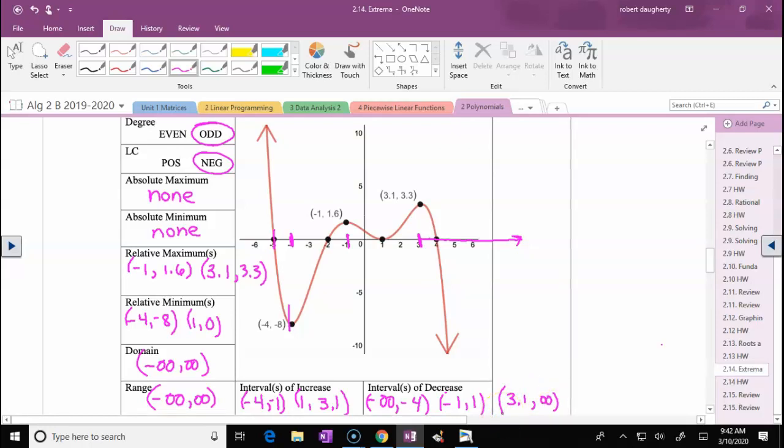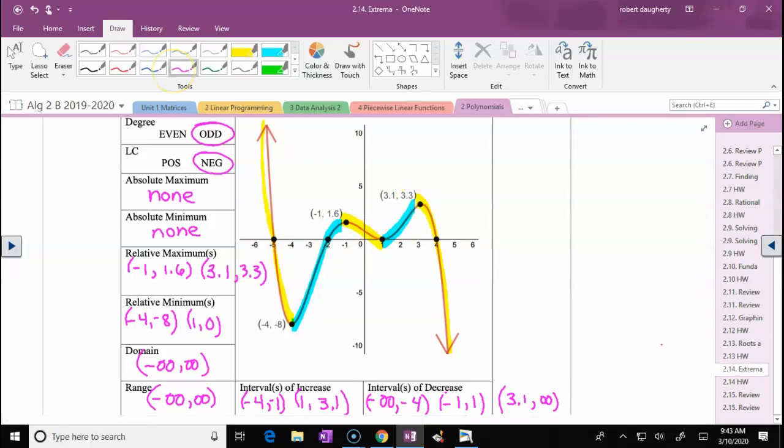So these are all x intervals. Let's erase some of this stuff. For the intervals of decrease, it may help to mark them: this is a decrease, this is a decrease, this is a decrease. This is an increase, and this is an increase. Then all I'm asking is, what are the x intervals?